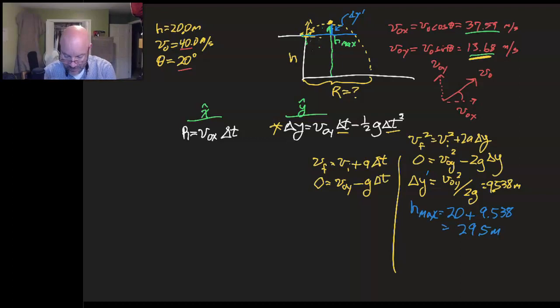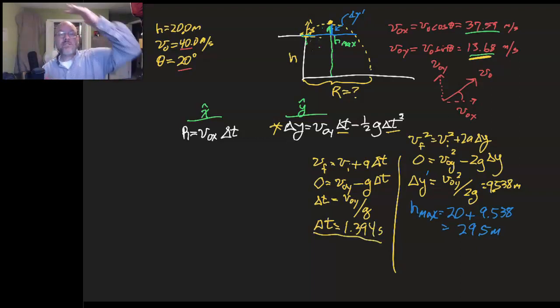And now if I solve for my delta T, it's going to be V naught Y divided by G. And when I do that, my delta T turns out to be 1.394. Again, I'm retaining an extra digit. So that's how much time it takes me to get to the apex of my trajectory.